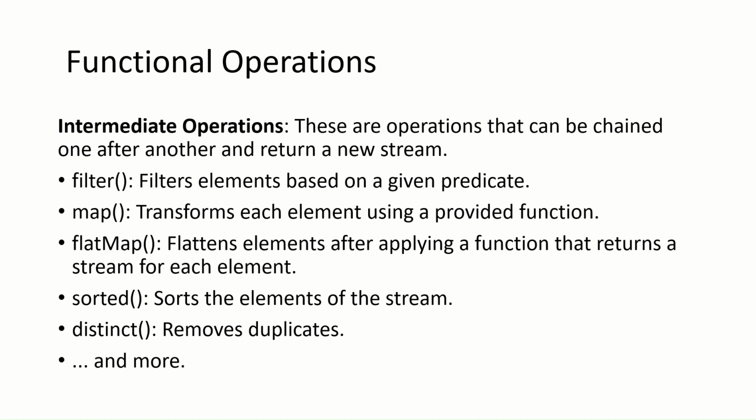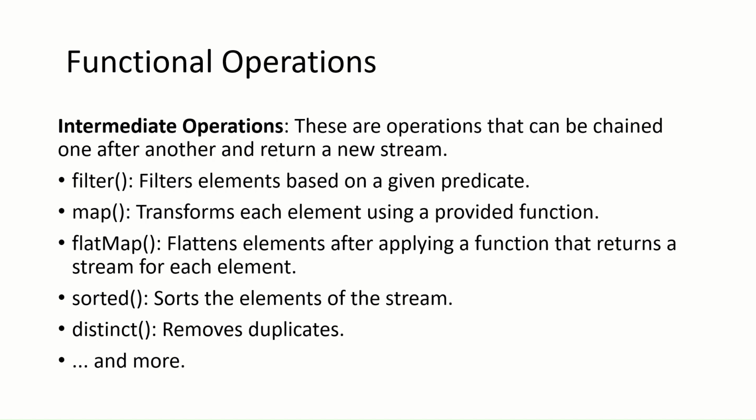First of all, we are going to discuss the intermediate operation. These operations can be chained one after another and return a stream. So let me explain that. Let's say you have a list of elements. You converted that list of elements into a stream through some function and you get the stream.